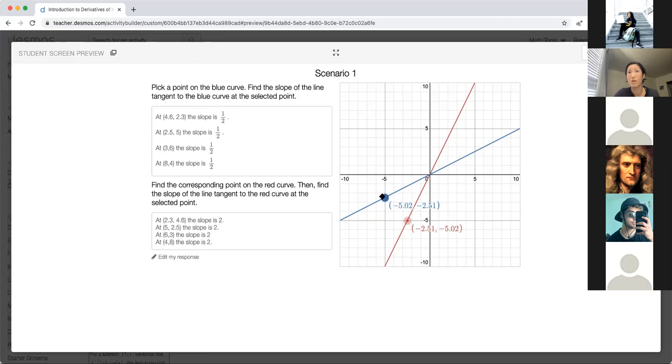So the point that was on one function, I want to know what that point would be on the inverse function.